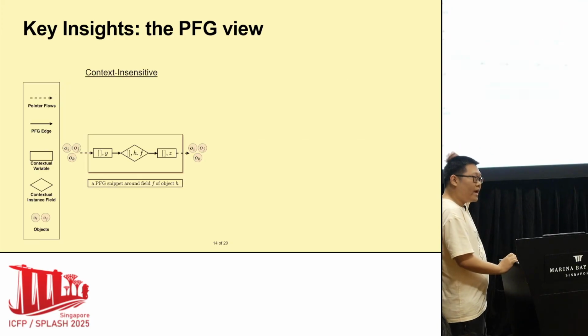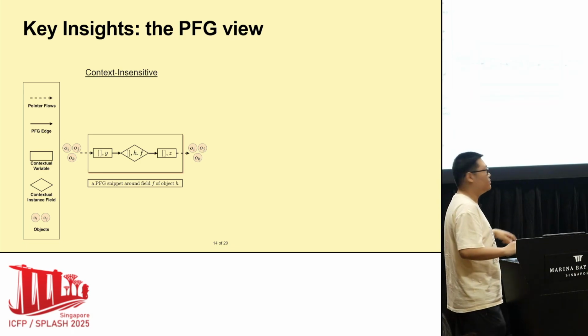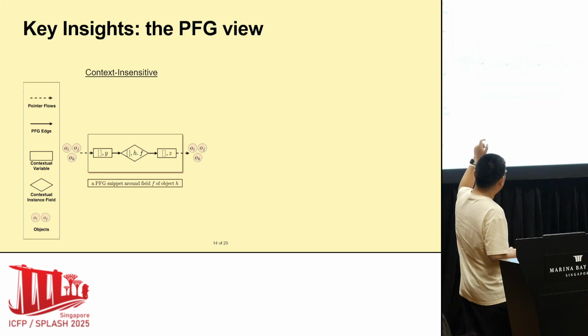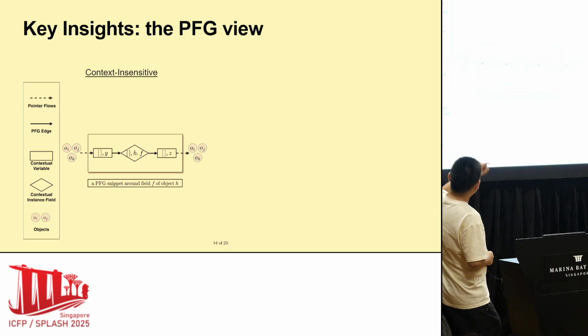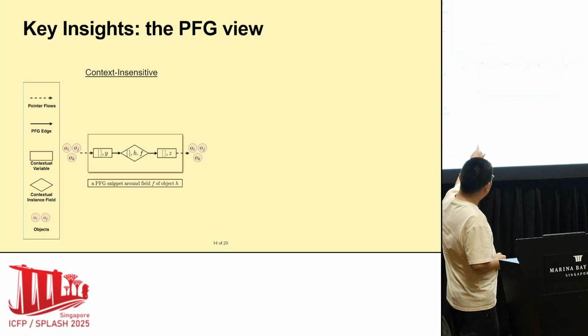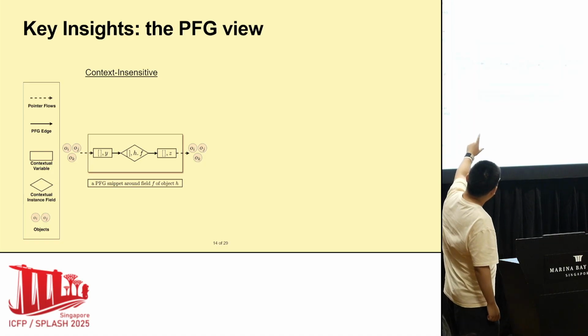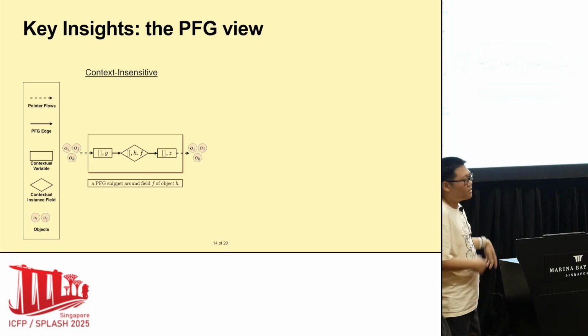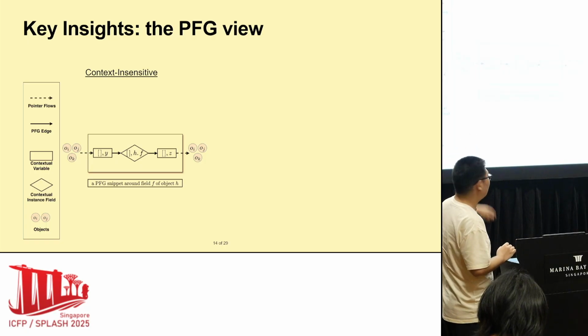Suppose we have a field f of object h, and here we have a PFG snippet. You can see a variable v and an instance field h.f and then z. Since we are under context insensitivity, the contexts here are empty.